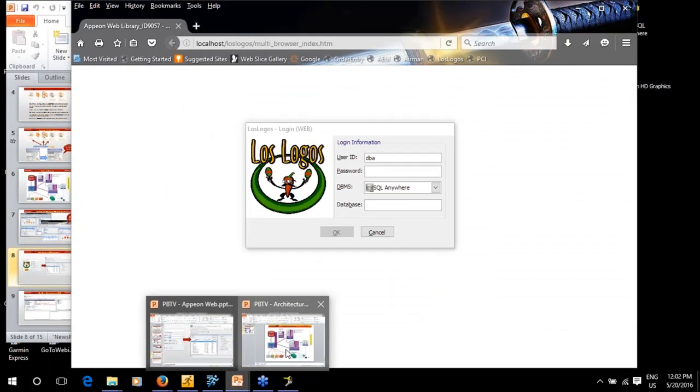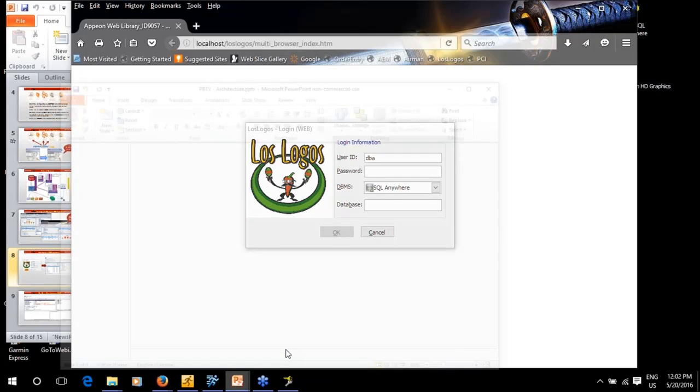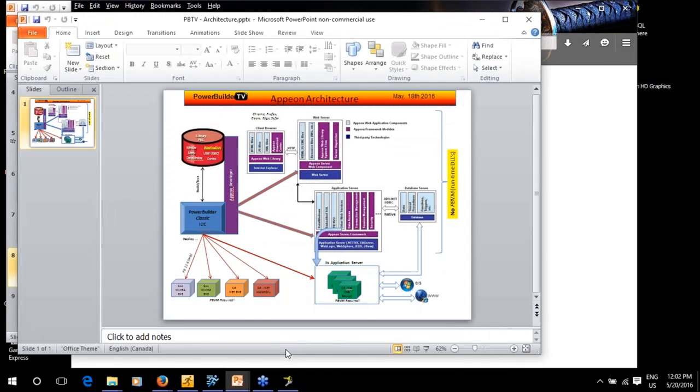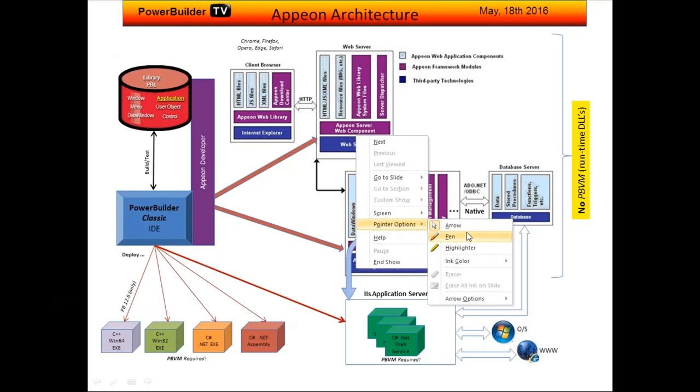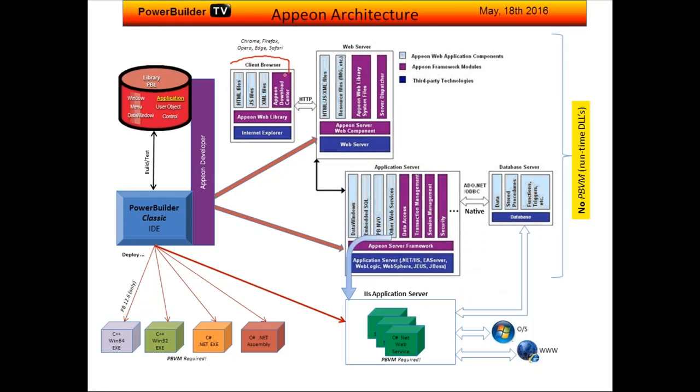So if we were to go back and have a look at the overall high-level technical, what's happening here, I'll just switch over to pen mode here. At the logon screen, which you see here in the client browser, when I enter my user ID, it's actually going to go here and execute the logon screen. That actually goes through and executes a web service data window.